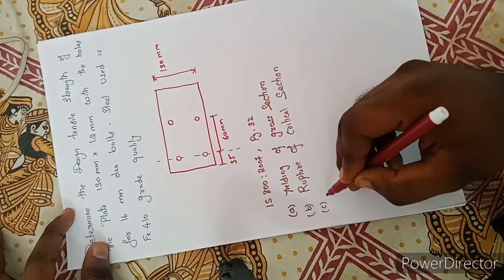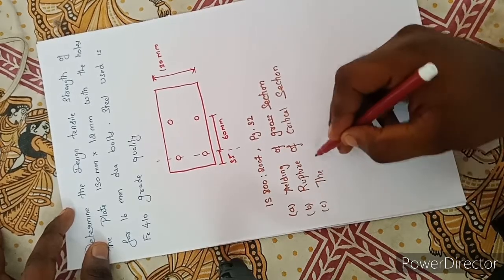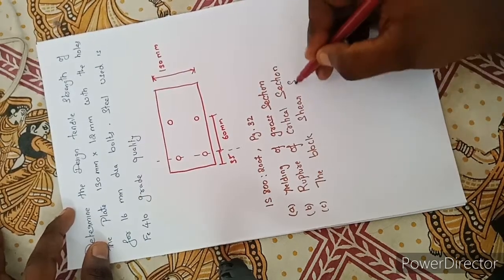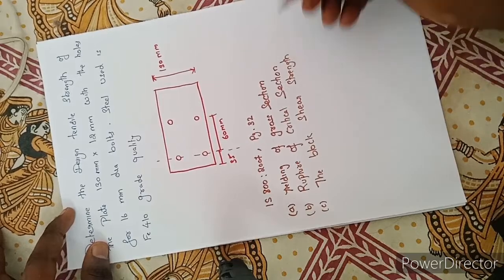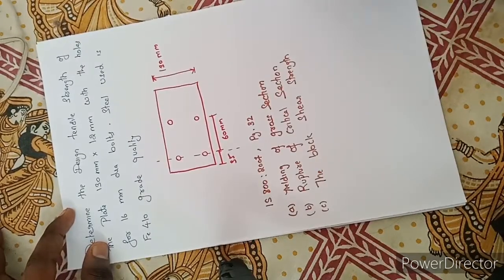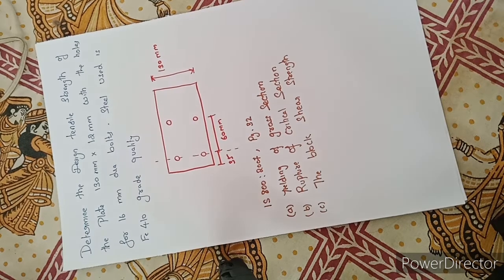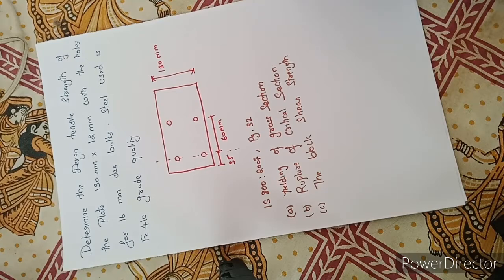Number three is the block shear strength. So the IS 800 recommends these three parameters to determine the design strength of the plate. We have to calculate these three values using formulas, and we'll pick the lowest value as the tensile strength of the plate.